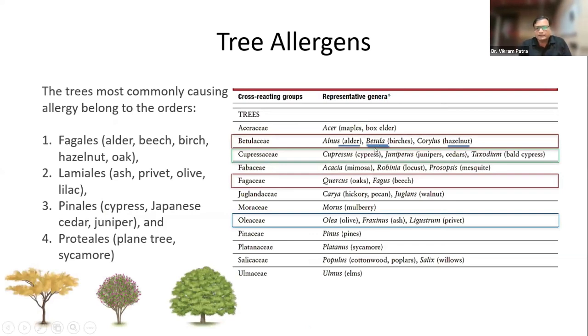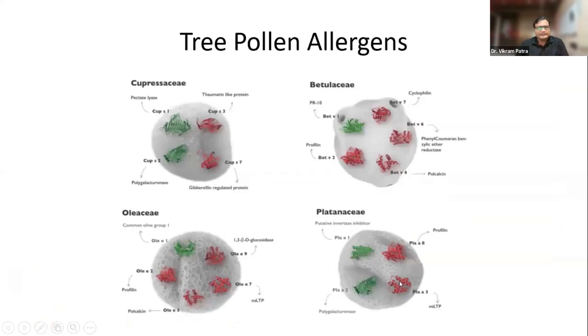In this, the birch, Betula, is the leading one, followed by alder and followed by hazelnut. Among the Lamiales, Oleaceae, the Olea, the olive is positive. From the Pinales order, Cypress and the cedar trees are found in the Himalayan belt, and the Proteales, the plane tree. So these are the tree pollen allergens we can see.